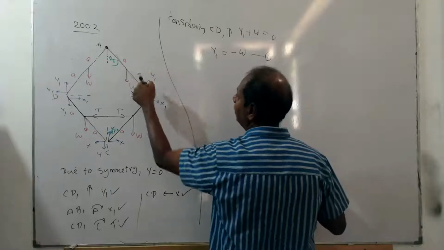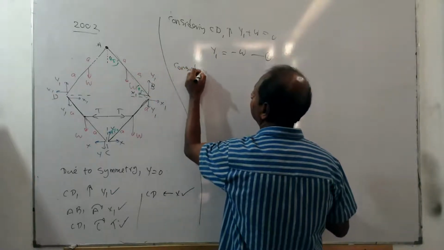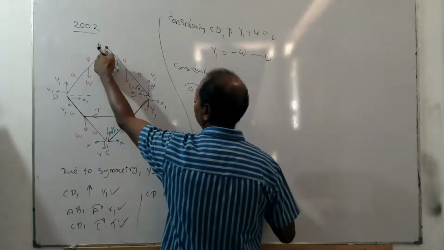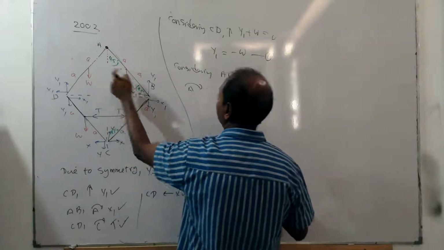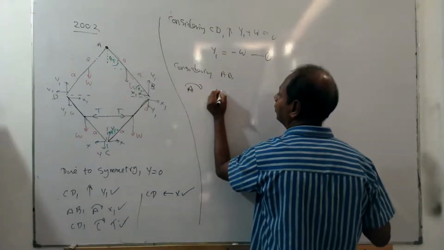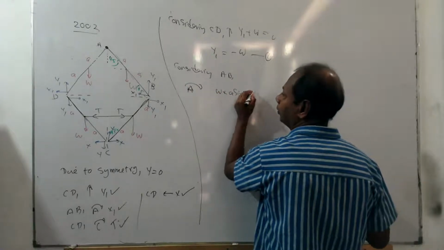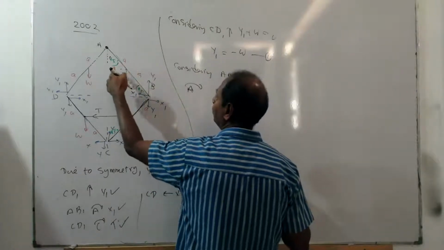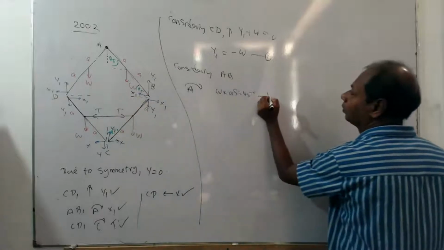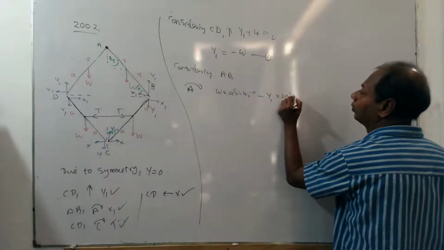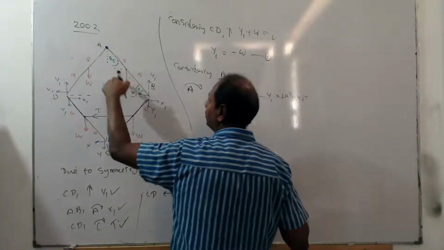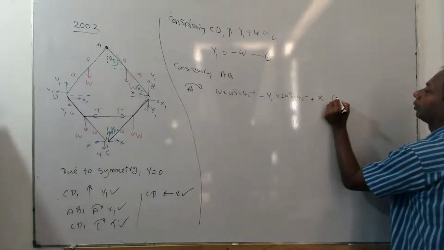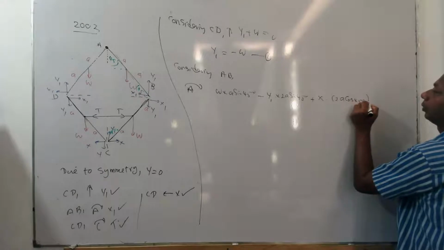Taking moments for AB about A: W into a sine 45, minus y1 into 2a sine 45, plus x into 2a cos 45 equals 0.